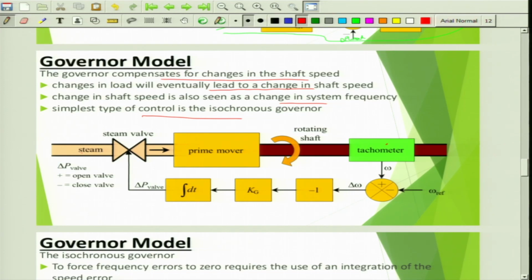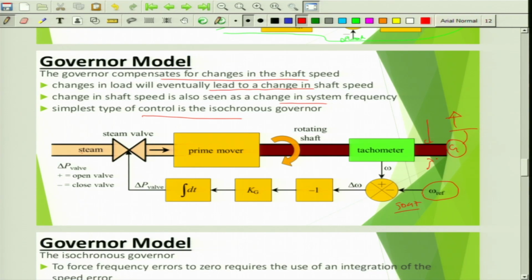Now you use a tachometer to measure the speed, and there is a nominal frequency, let us say it is 50 hertz for India, that needs to be regulated, and let us say there are so many loads connected here in the actual system. So the output is connected to a generator, and the generator output is connected to various loads, correct.